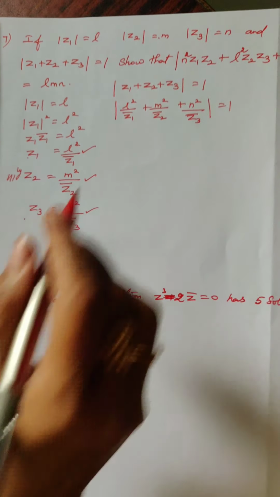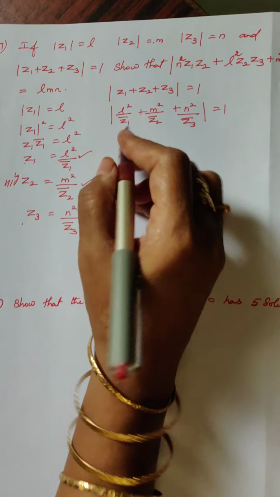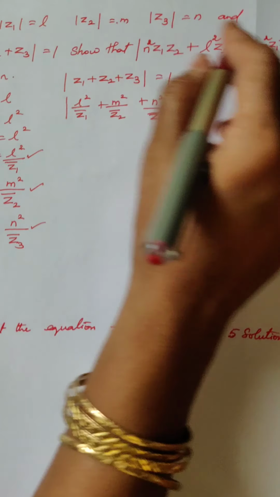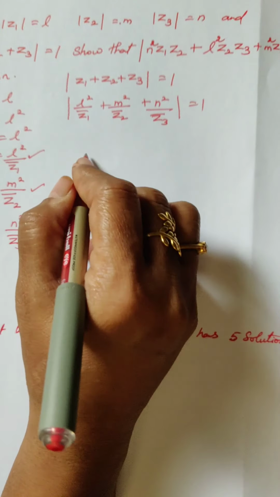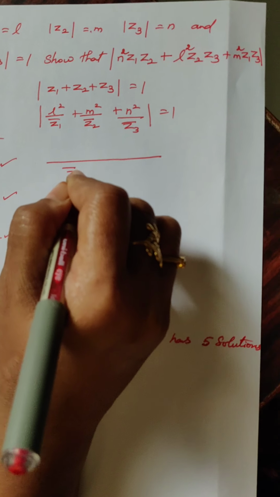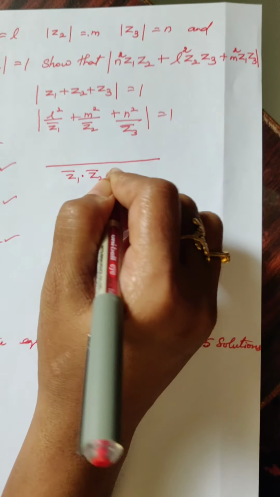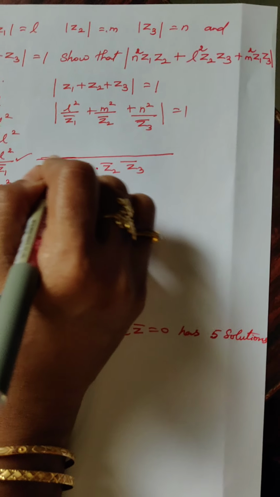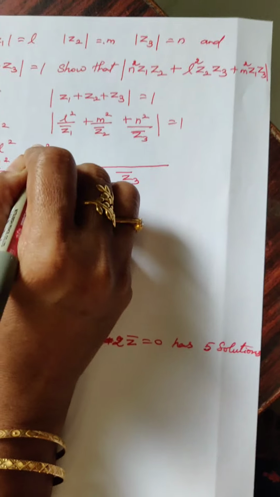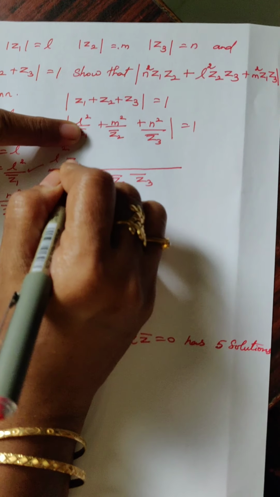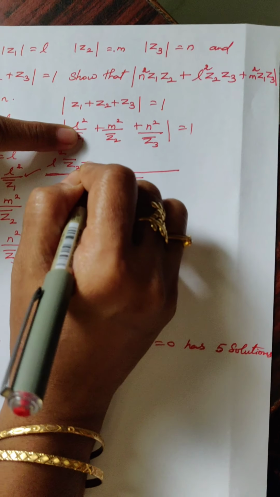Is it clear now? Just take the LCM of these because I want to get z1 z2, z2 z3. You have to show this one. So I am going to take the LCM of all the parts, z1 bar into z2 bar into z3 bar. The numerator becomes l square into, z1 bar is left out, so we are getting z2 bar into z3 bar.